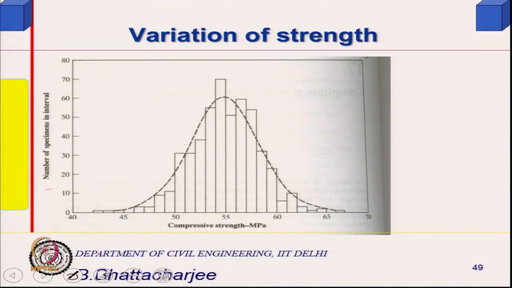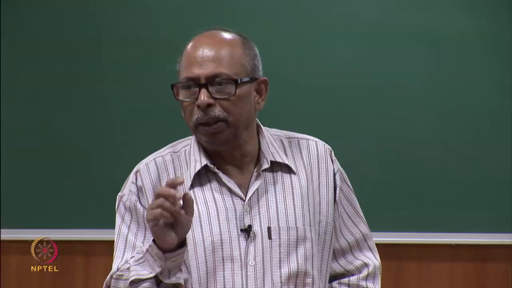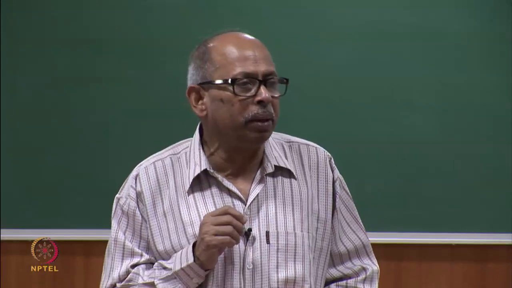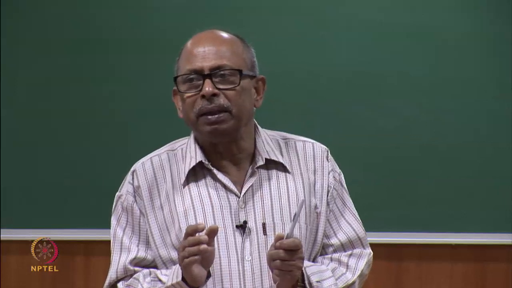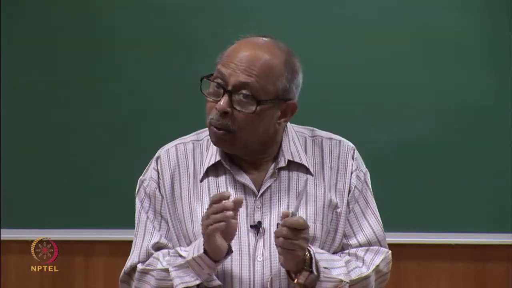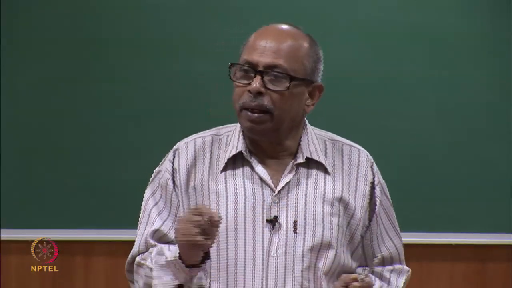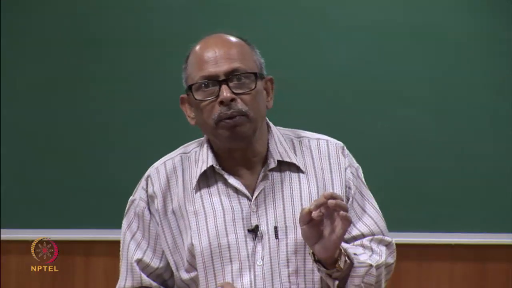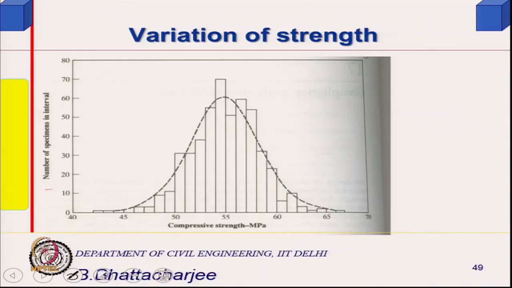Now, why is it so? Because for any property that you measure on concrete, over a large number of measurements, there are many factors which actually affect the properties, for example strength or surface hardness. Strength would depend, first of all, on variation in proportions. From one cube to another cube, there can be variation in water cement ratio.